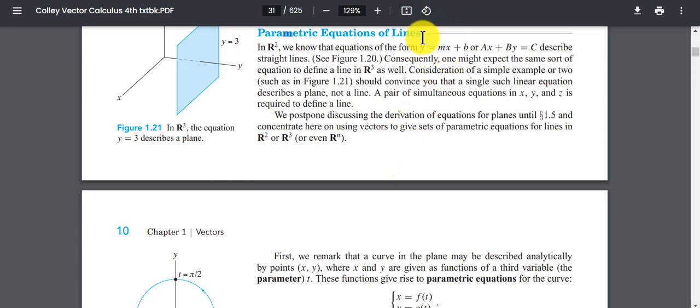In general, we can write it as ax plus by equals c. That's another way to write the equation of a line, and they describe straight lines.